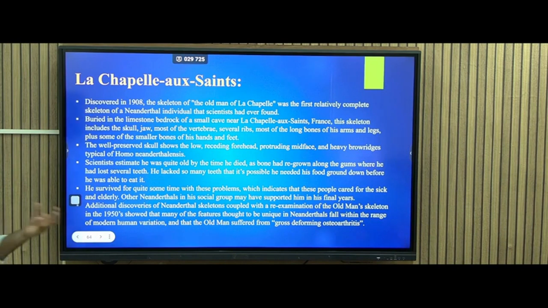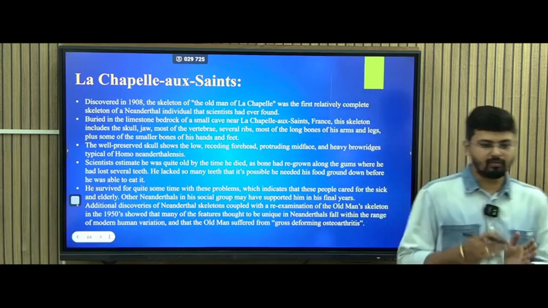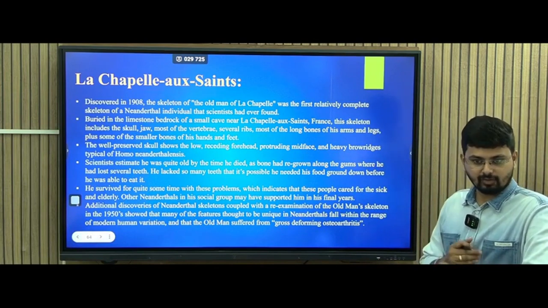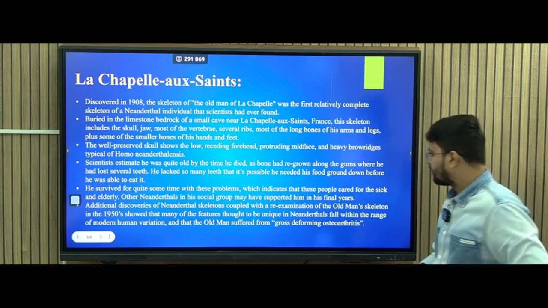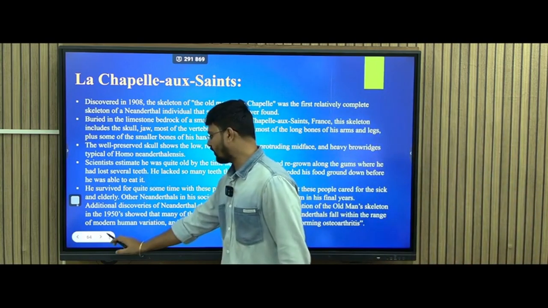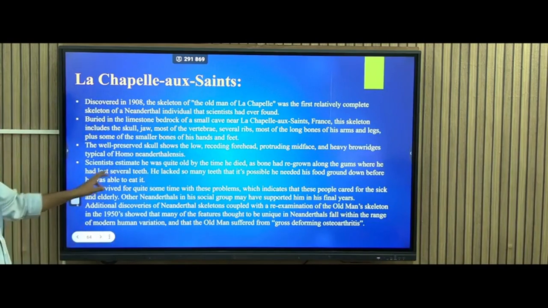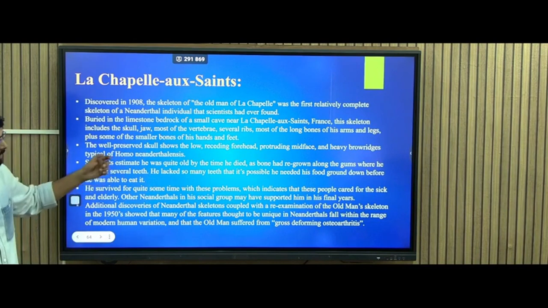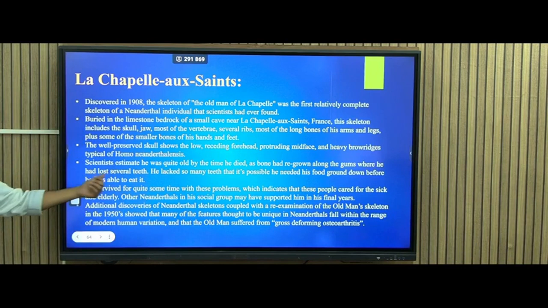So they found out that this was an old man, who was suffering from arthritis, osteoarthritis, and next, that he was taken care of. So all these things were studied and concluded from the given fossil. And you need to see why they were saying that he was an old man: by seeing the gums of the teeth, and that several teeth had been lost.